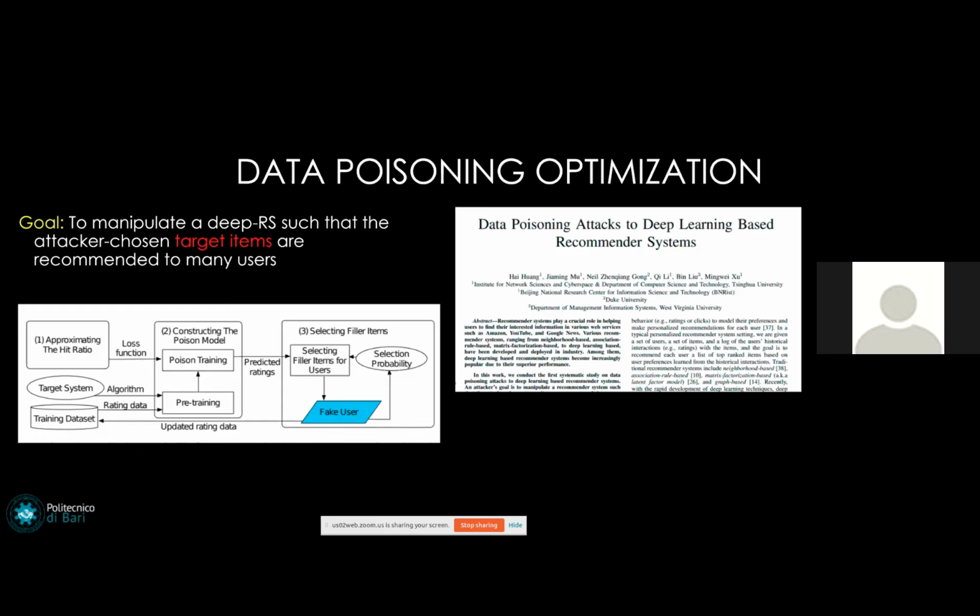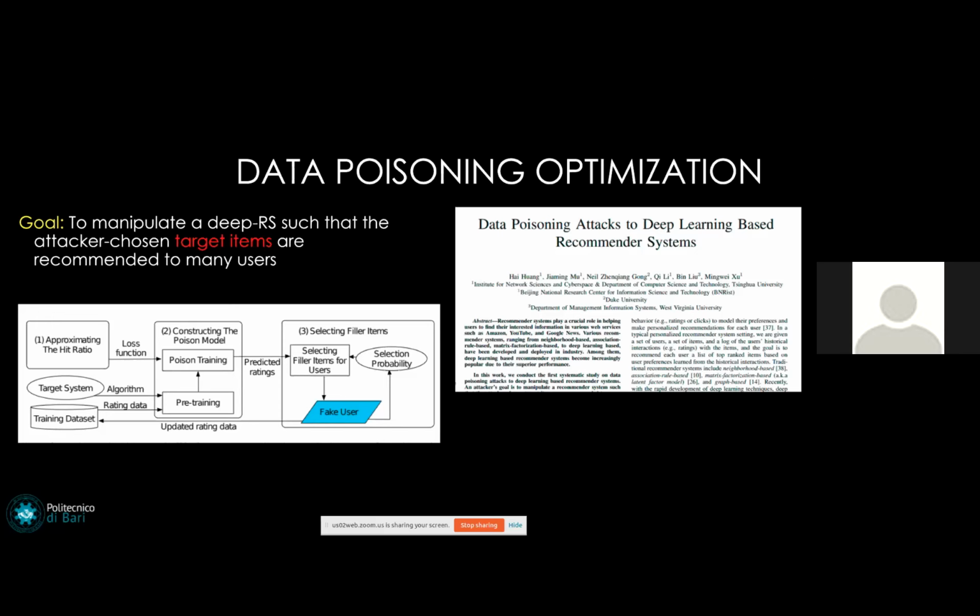So from this perspective, it has a clear similarity with shilling attacks. However, as you can see from the model, the way it is done is based on training. The attacker uses the hit ratio, or an approximation of the hit ratio, to measure its utility, and uses a training procedure called poison training to create the composition of this user profile.